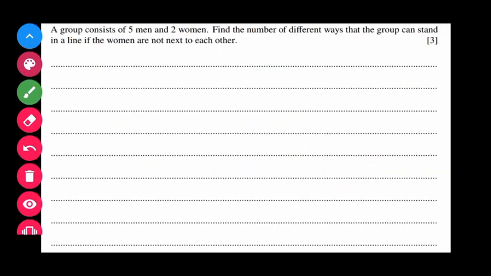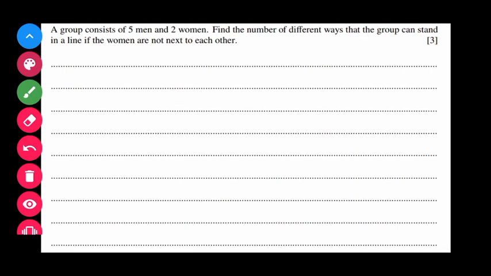A group consists of 5 men and 2 women. Find the number of different ways that the group can stand in a line if the women are not next to each other. So this is also the similar type of question what we discussed for the previous one.